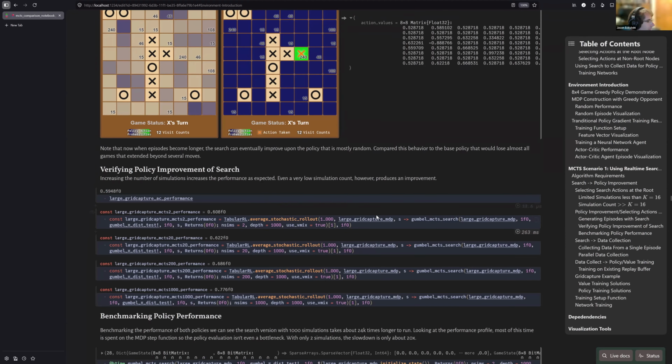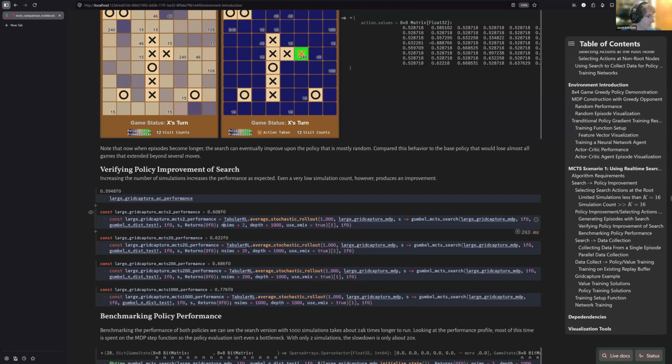So now what this is calculating here is a bunch of statistics on the search policy right here, which I'm passing into this function, which calculates the average reward from this policy. The policy I'm using now is the search policy. Okay, so every state I'm conducting this search, and I'm evaluating it on different numbers of simulations.